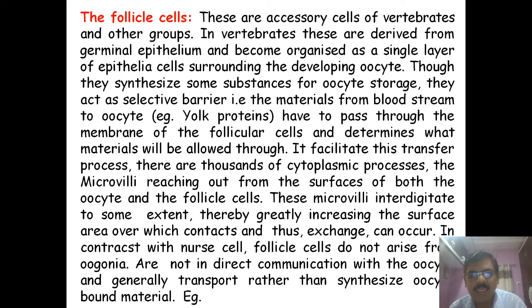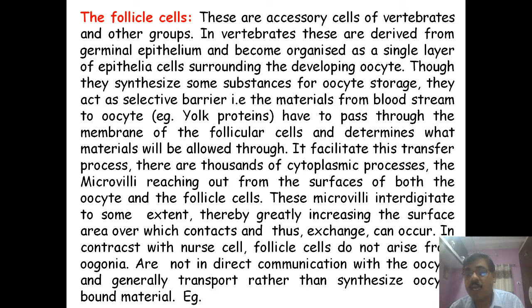Though they synthesize some substances for oocyte storage, they act as a selective barrier. The materials from the bloodstream to the oocyte have to pass through the membrane of the follicular cells, which determine what material is allowed through. It facilitates this transfer process.